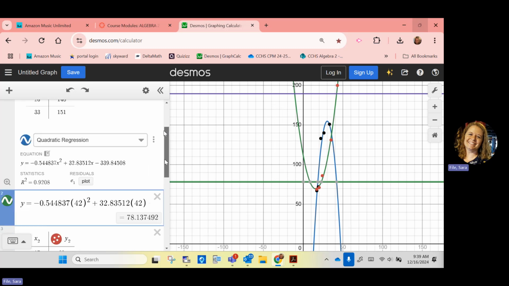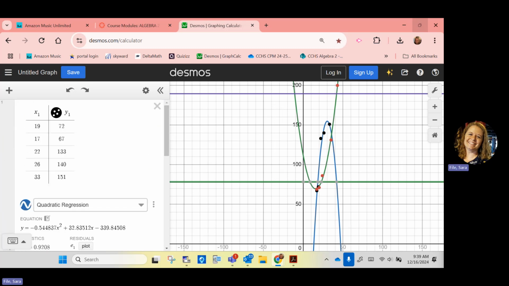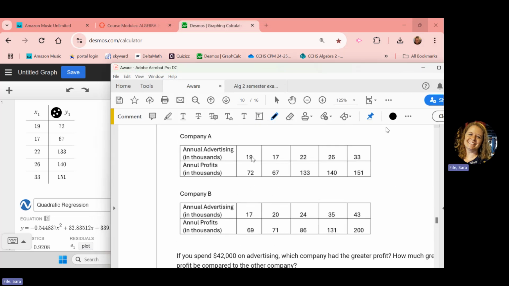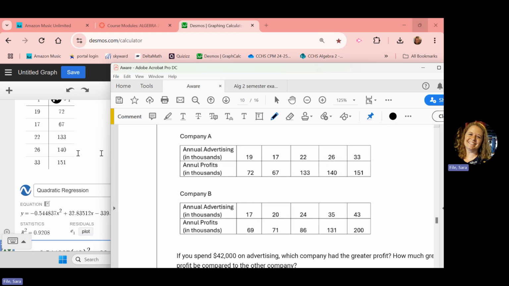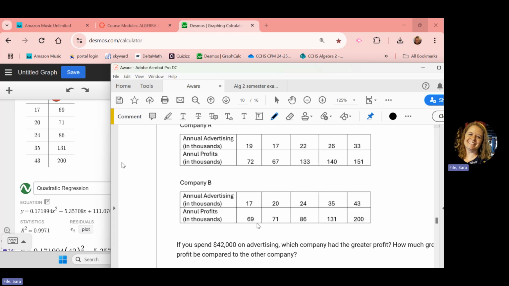Okay, so let me double check my tables, make sure I don't have a typo. Look at this with me. So company A: 1972, 1767, 22, 133, 26, 140, 33, 151. Okay, company B: 1769, 2071, 24, 86, 35, 131, 43, 200.